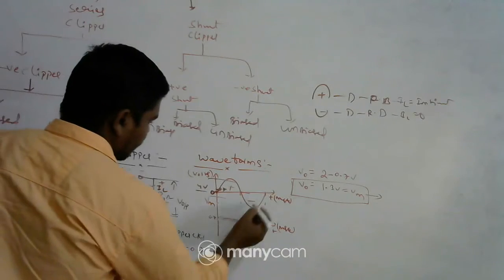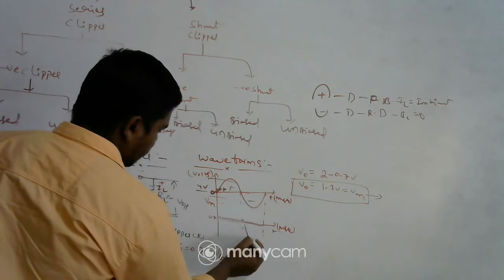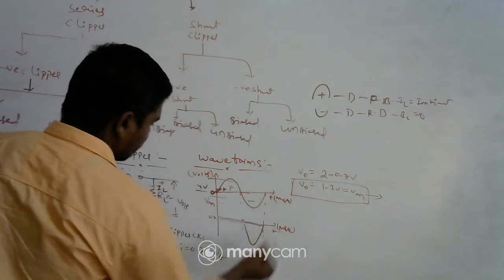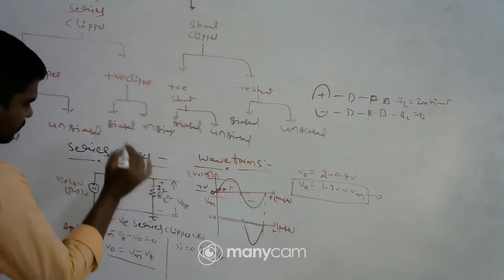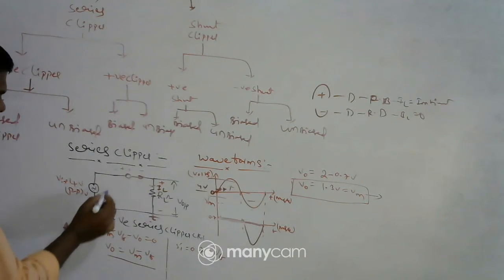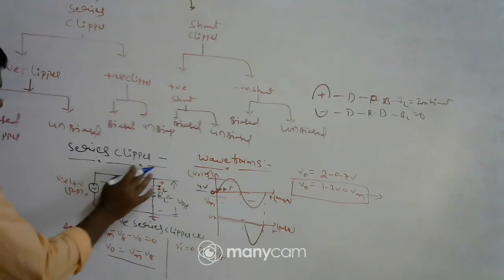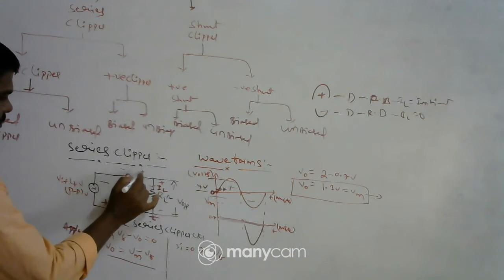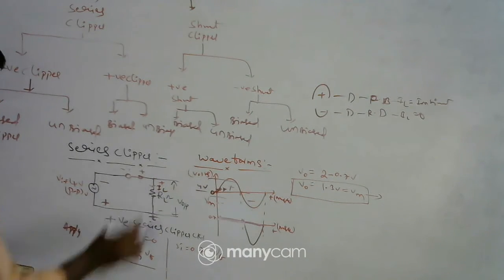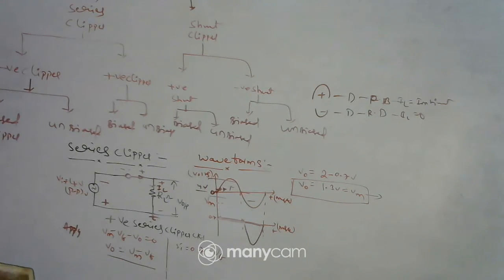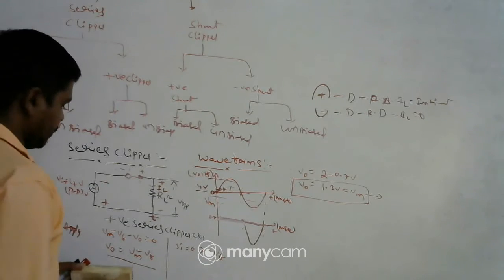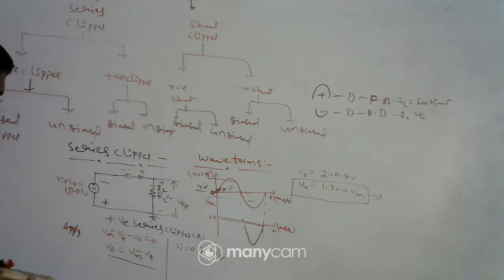Next, for a negative half cycle, it conducts after 0.7 volts, so it becomes a short circuit. Here the polarities are negative on one side and positive on the other. What output will you get?